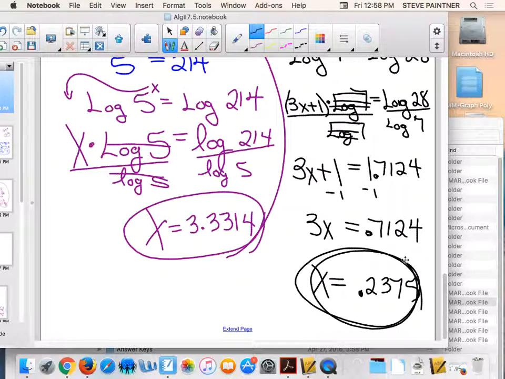Okay, I got one story problem for you. Turn the page. You read it. See if you can set up an equation.